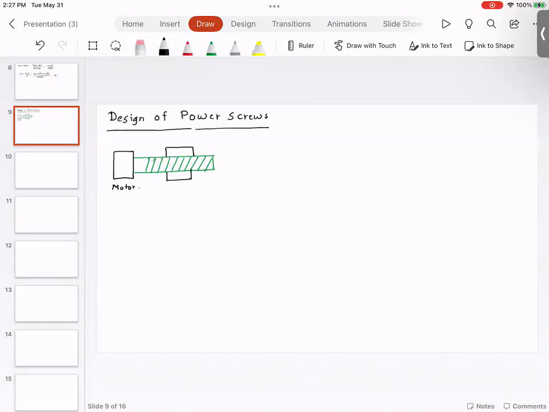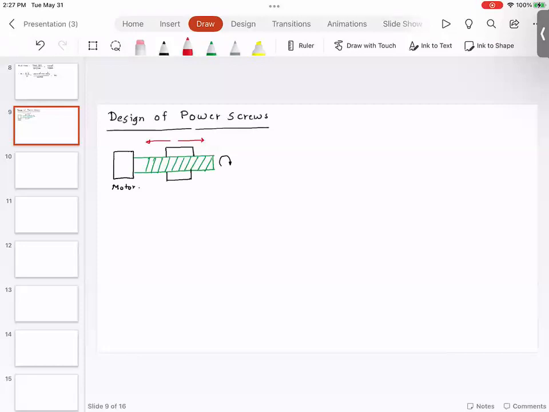And what happens is, as this screw turns, either in the clockwise or counterclockwise direction, this nut can advance or retract.